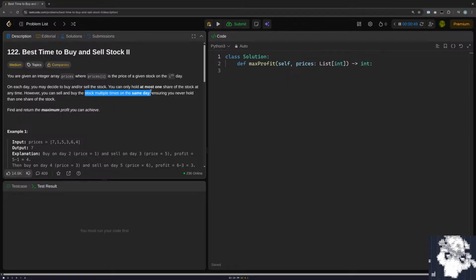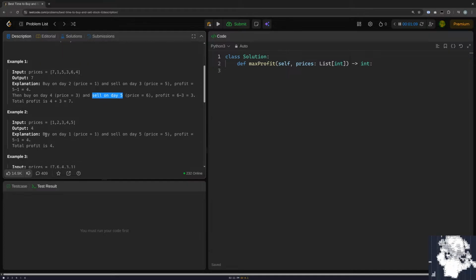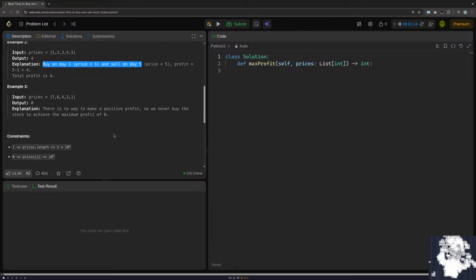You can sell and buy the stock multiple times on the same day. Why would you ever want to do that? Wouldn't you be selling it and then buying it for the same price that you sold it? I think I'm missing something. Let's read the examples. Buy on day 2, sell on day 3, profit is 4. Buy on day 4, sell on day 5. Is there an example where you buy and sell on the same day? Buy on day 1, sell on day 5.